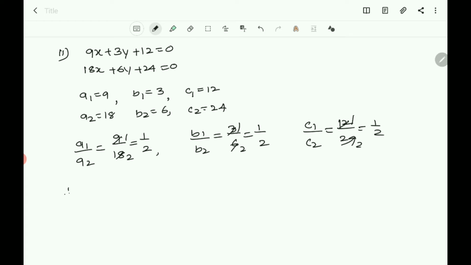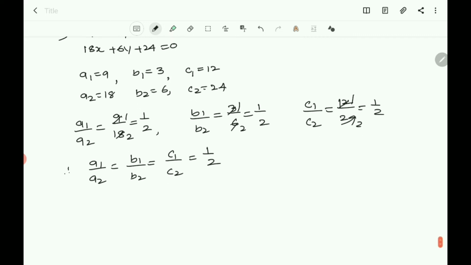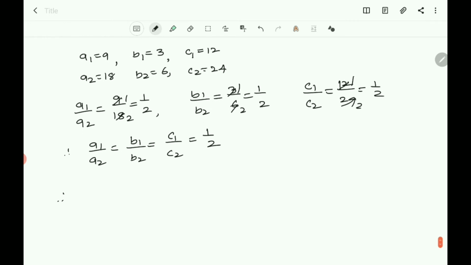Therefore what you can write? a1 by a2 is equal to b1 by b2 is equal to c1 by c2, all are equal to 1 by 2. Therefore, if a1 by a2 is equal to b1 by b2 is equal to c1 by c2, then what you can conclude? The lines representing the given pair of linear equations are coincident. They are coincident, having infinite number of solutions here.